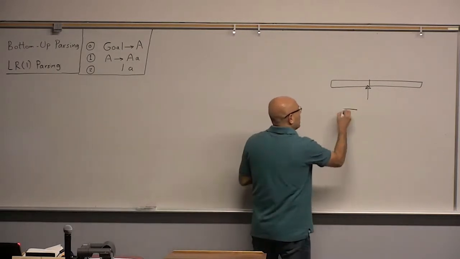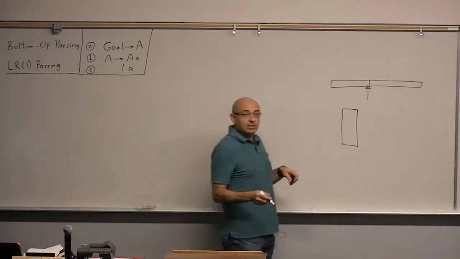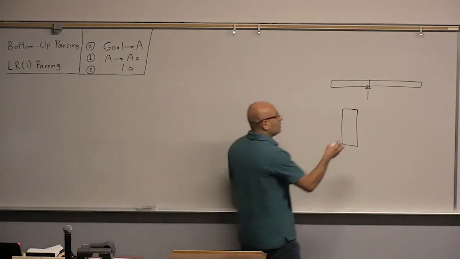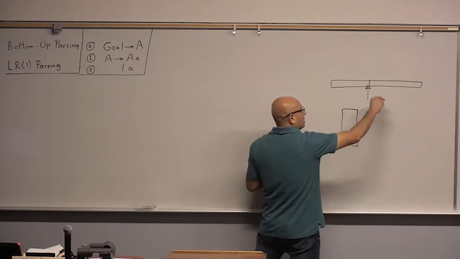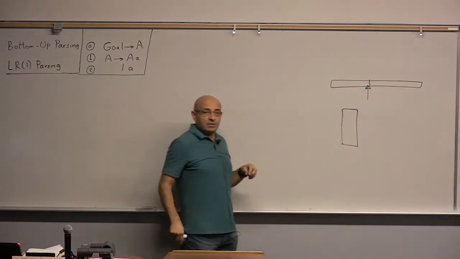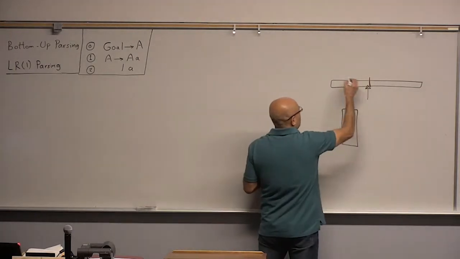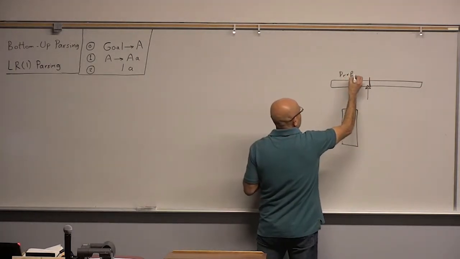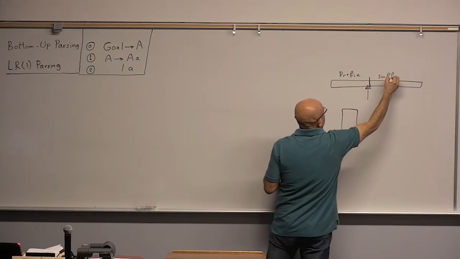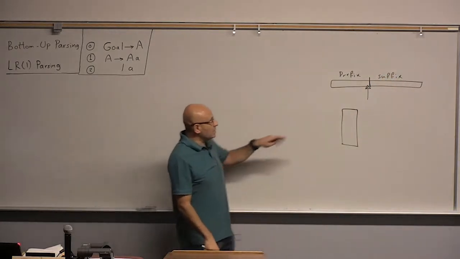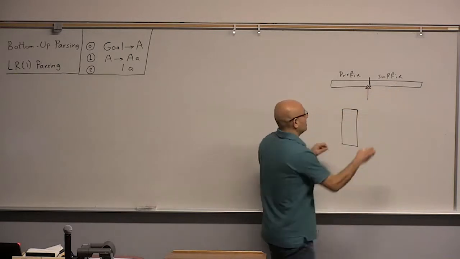So what's on the stack? The stack has a mix of terminals and non-terminals. But what we haven't processed yet is only a bunch of terminals. So in this parsing we have a prefix and a suffix. The suffix is the part that we haven't processed yet, and it will consist entirely of terminals.